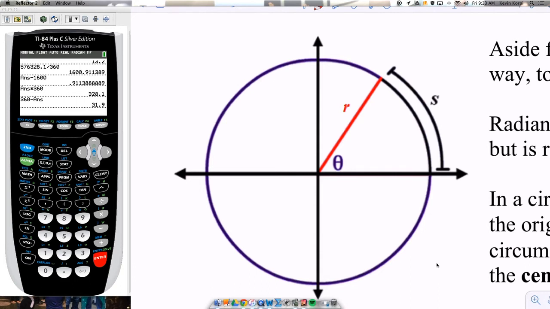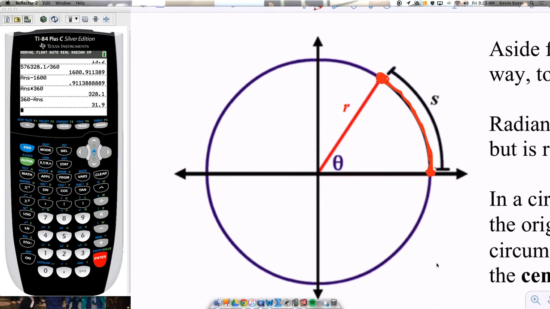So if you take this length here and you pin it down here on the positive x-axis, this is where we start in our standard notation, and you wrap that radius around the circumference, it's a finite length, so it is going to end. Let's say it ends right there.